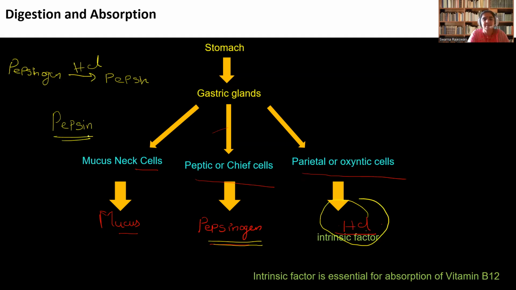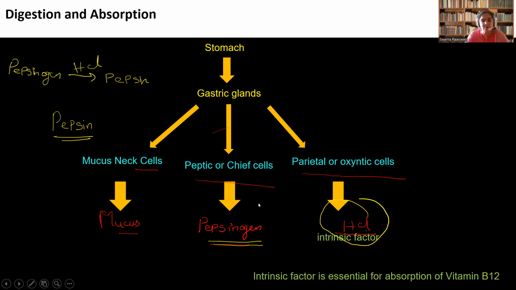So in gastric glands, there are three types of cells. Neck cells produce mucus, peptic or chief cells produce pepsinogen, and parietal or oxyntic cells produce HCl as well as intrinsic factor. This HCl converts the inactive pepsinogen into active pepsin. Now this pepsin acts on proteins.